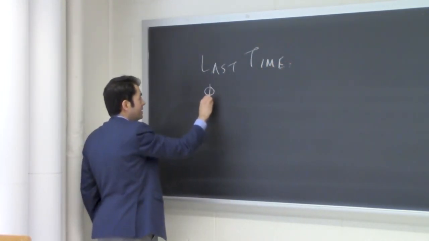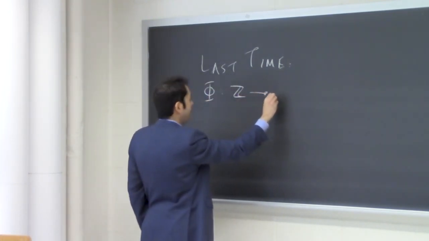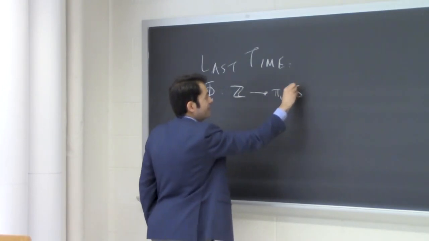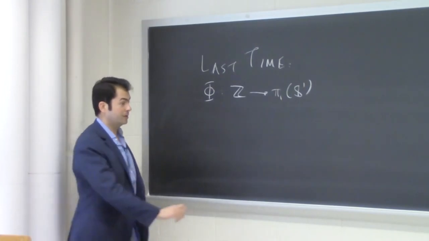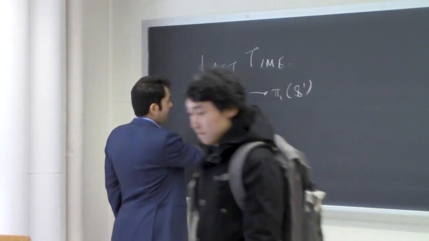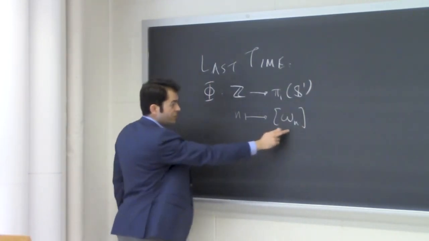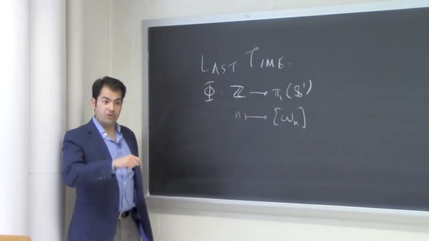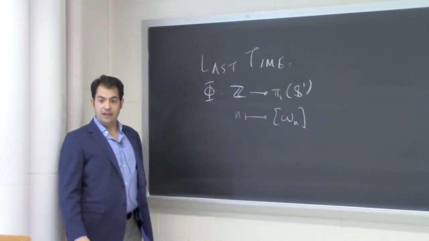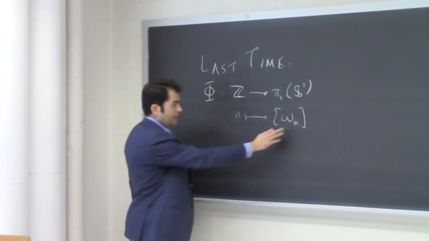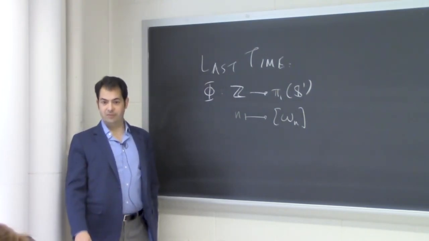Great, so last time we spent the whole class showing that you could define an isomorphism between the integers and the fundamental group of the circle by sending each integer to omega n, which is just the path that goes around the circle n times, either counterclockwise if n is positive or clockwise if n is negative.